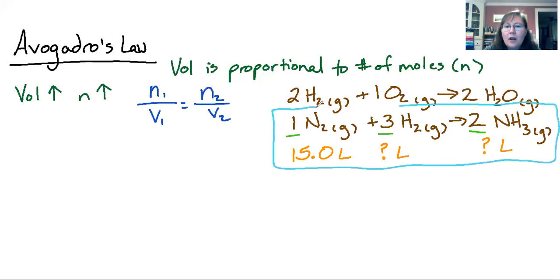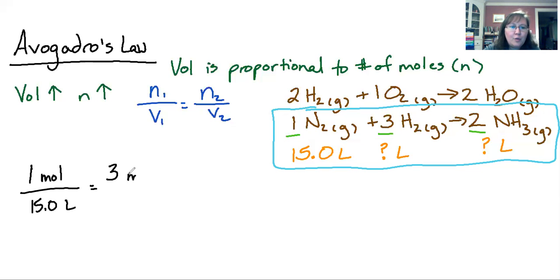So what Avogadro's law is directly saying is that we can compare this to our moles. So basically, if 1 mole of nitrogen goes with 15 liters, then we can look here and say, well, then 3 moles of hydrogen will be 45 liters.